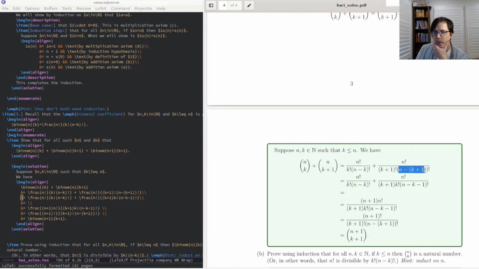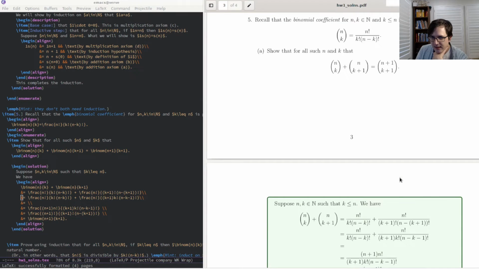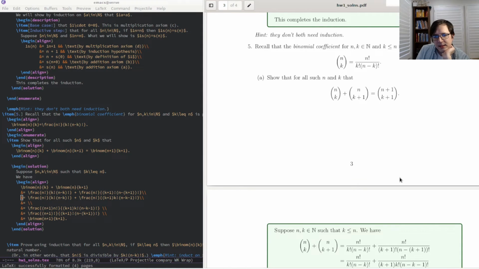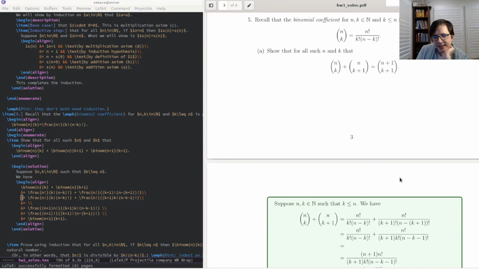So there's a little trick here in mathematical writing, and that's what we, just to say what we mean by minus 1 factorial. Oh, I see.